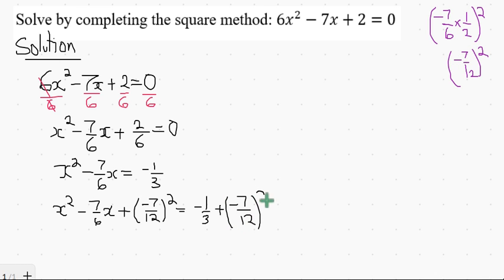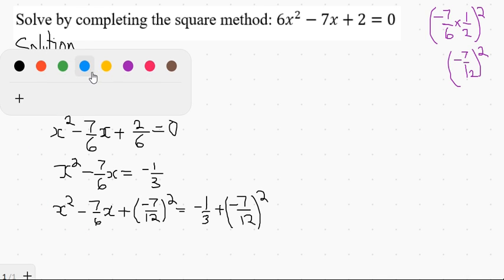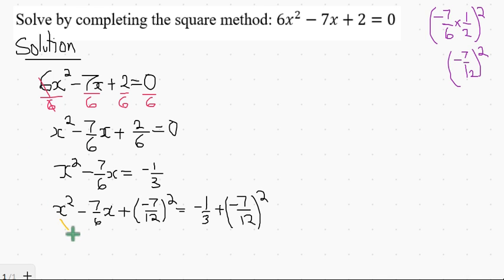Alright, so the next step is that I'm going to collect these two terms at the left hand side. These two terms, I'm collecting them together and giving them a common square because they are both having squares. So I'll pick them up, x minus 7 over 12 all squared, equal to.